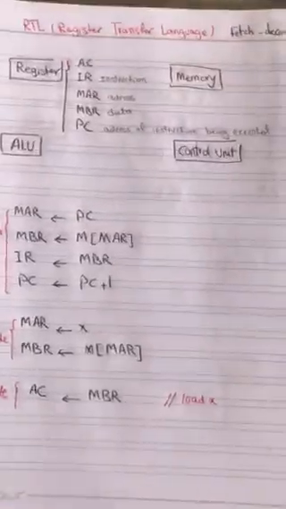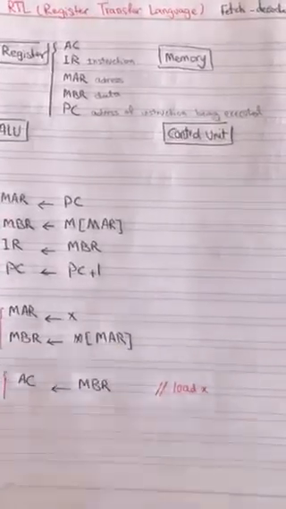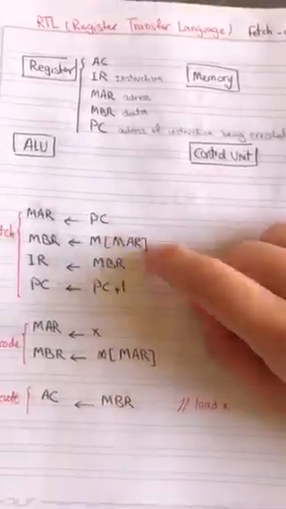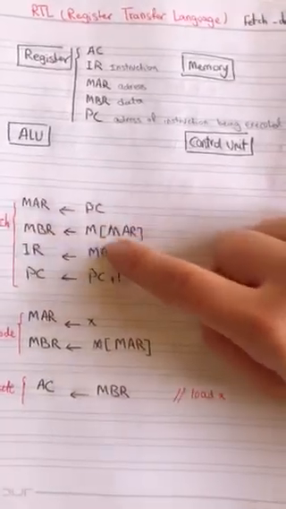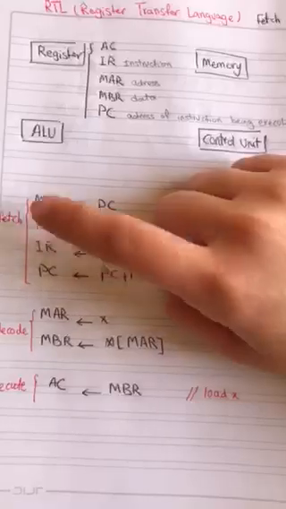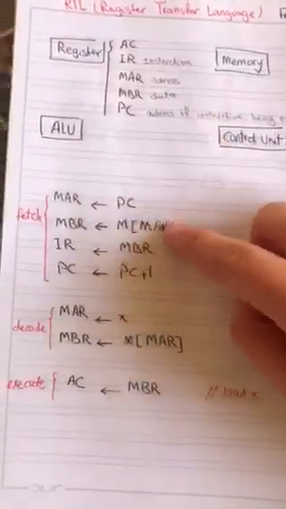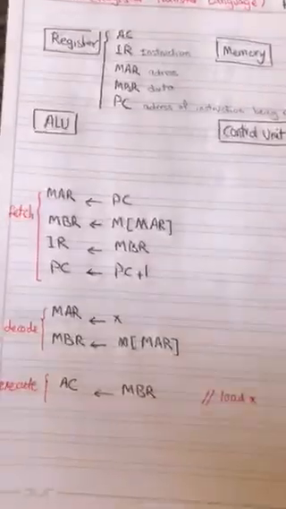After that, the address doesn't really help us, so what we actually want is the memory. So from that address, we get the memory. So memory of MAR, we transfer it to MBR. MBR has the data. So from that address, we have the memory in MBR.